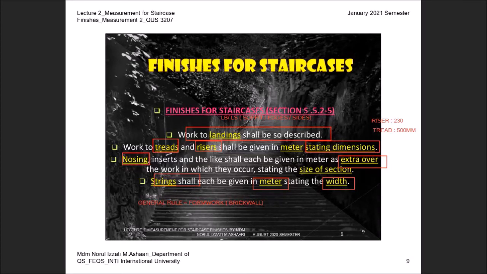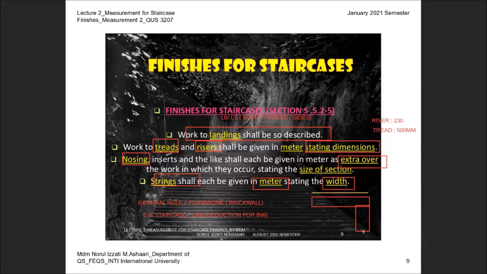Same goes when you want to measure for the edges of the slab. Previously you can see your slab may be like this. Sorry, I draw again. For example, this is your edge of the slab, and maybe this one is your landing beam. Previously, when you measure, let me change color, let's say you take the dimension similar to the edges of the slab. Okay, here, this is the edge of the slab in your formwork.